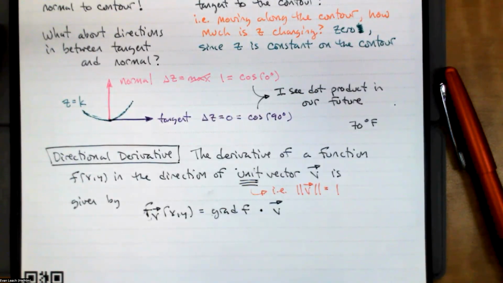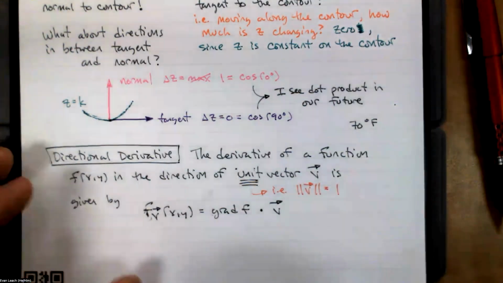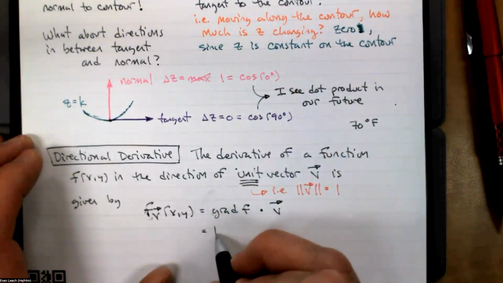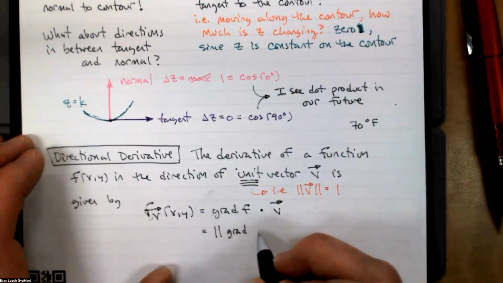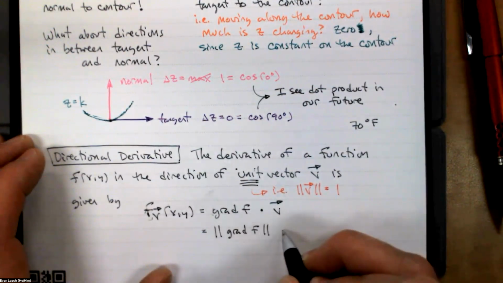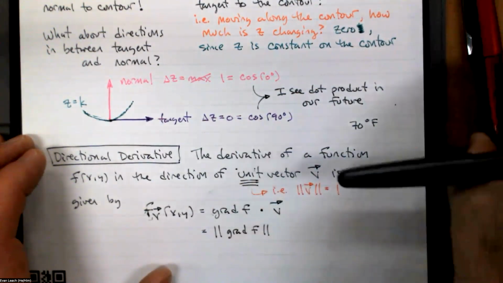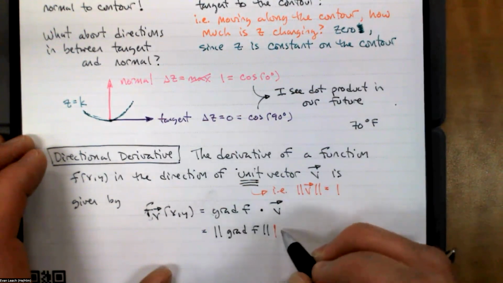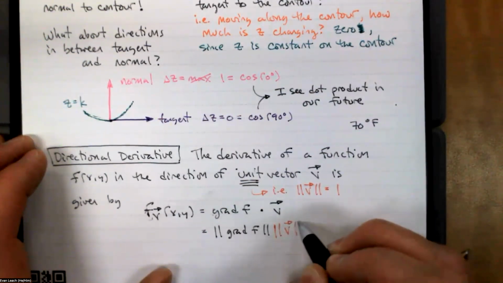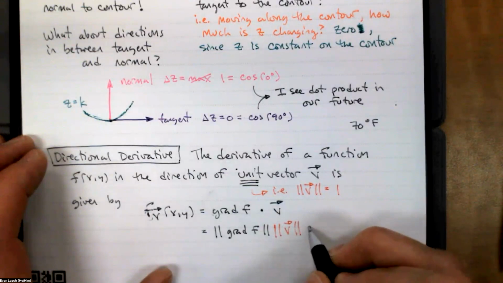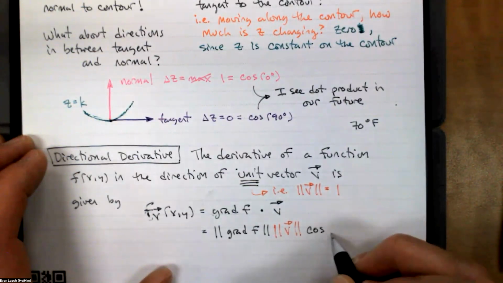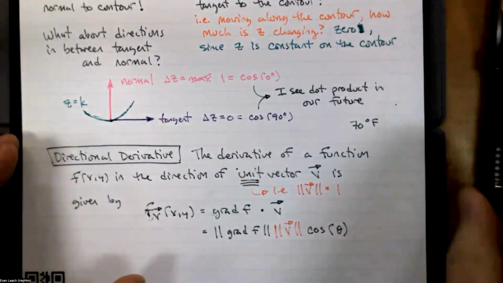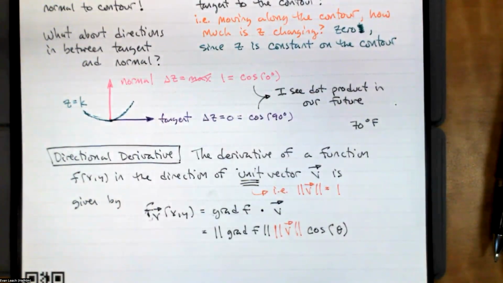So what we're calculating, the direction is given by this unit vector, and we're going to take the magnitude of the gradient of f, multiplied by the magnitude of v, which is equal to 1, times the cosine of the angle between the gradient and the vector.